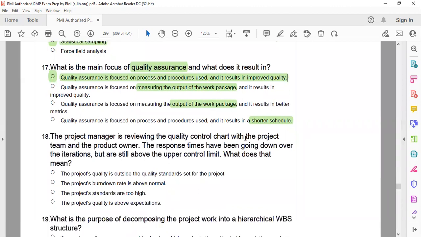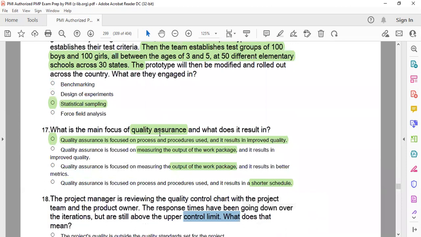The PM is reviewing the quality control chart with the team and the product owner, which means we are discussing agile. The response time have been going down over the iterations, but are still above the upper control limit. What does that mean? When the control limit is different, we have what we have. If the things are out of control, what we call it?